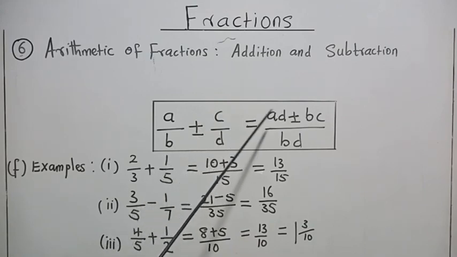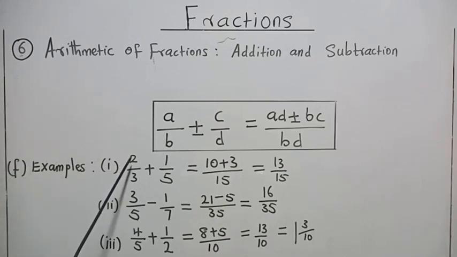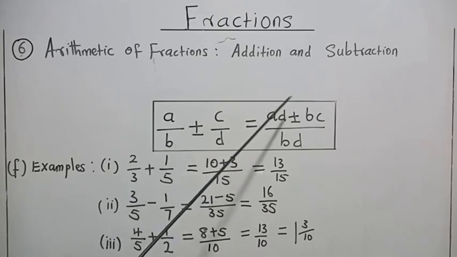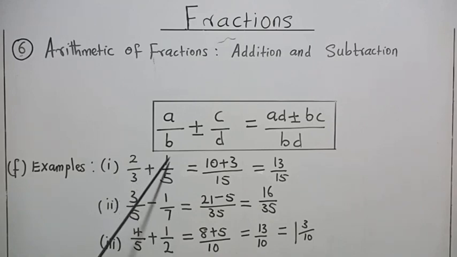What's our AD? Having known what our A, B, C, and D are. So our AD will be 2 times 5. See it here, 10. Is it plus or minus we're going to make use of? It is plus because plus is between them. What is our BC? Our BC is 3 times 1. That is B times C means 3 times 1.